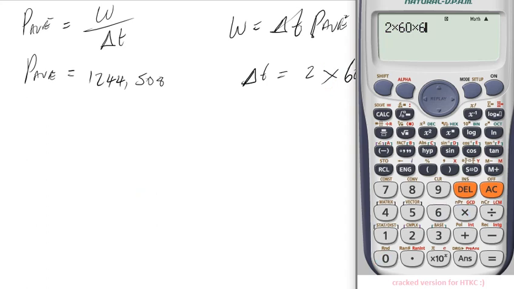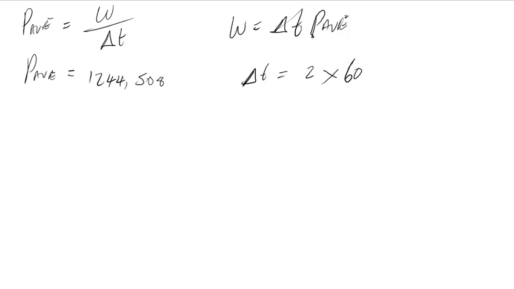If you say 2 times 60, it means you'll be saying in minutes. And then if you say times another 60, that's seconds. So this is how you convert from hours to seconds. So if you move from this one to this one, it's minutes. So to this one, it's seconds. So 7,200 seconds.